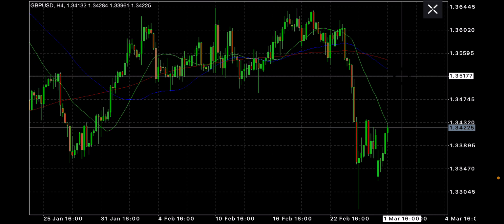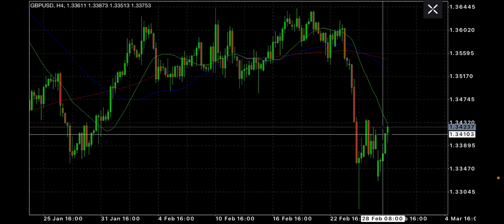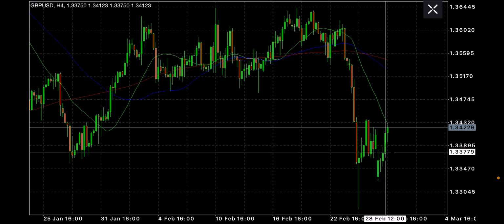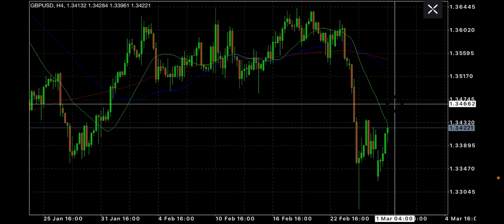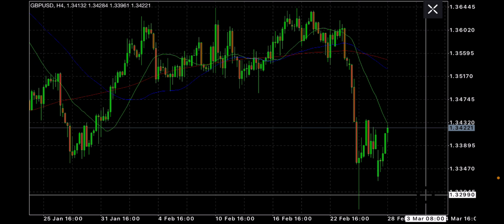But as of right now, it does look like the USD is acting as if it is stronger than the British economy, because the British economy does stand alone from Europe due to the whole Brexit thing. We may continue to see some very strong buys for the moment, but long term, we're going to be looking at a price drop.